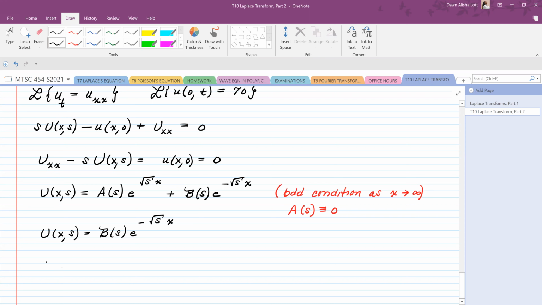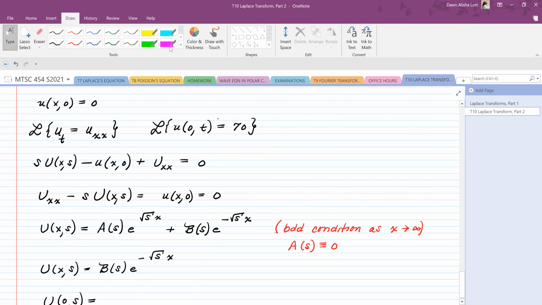But U of 0 and s is from this equation, it's 70.